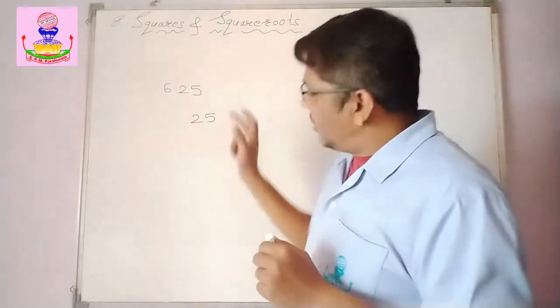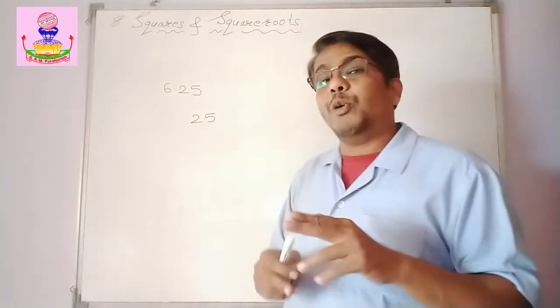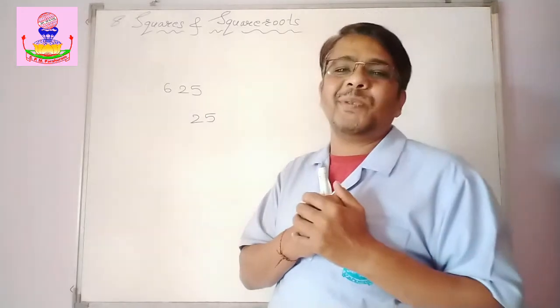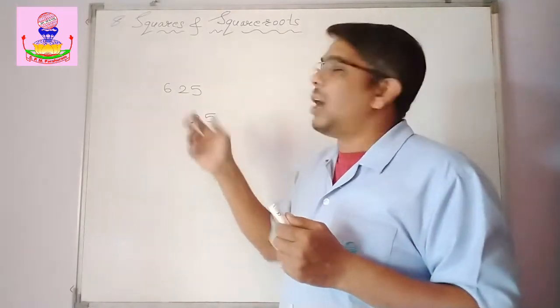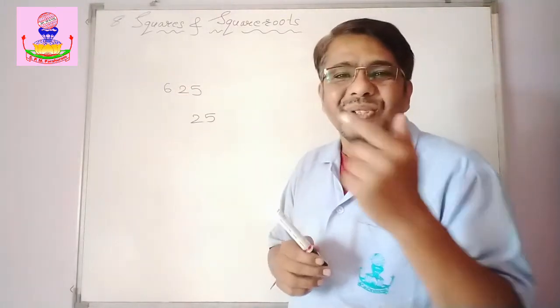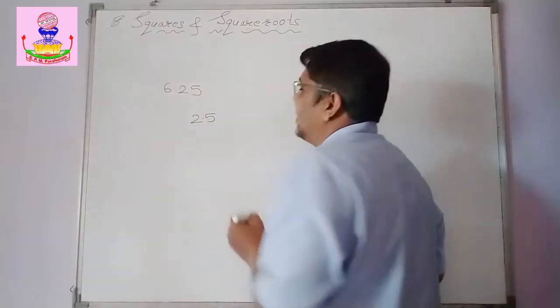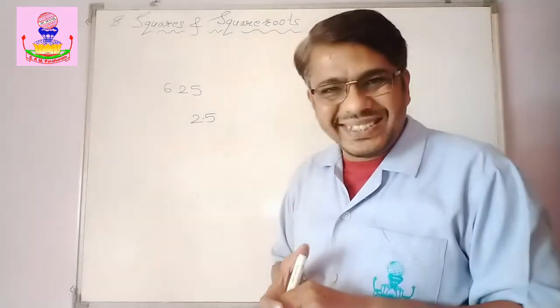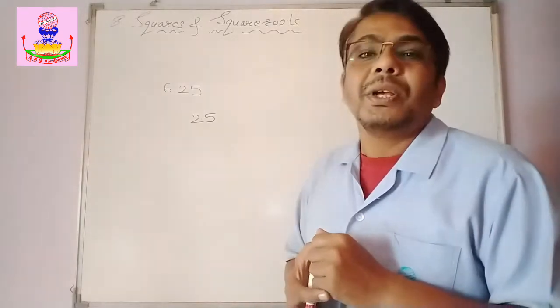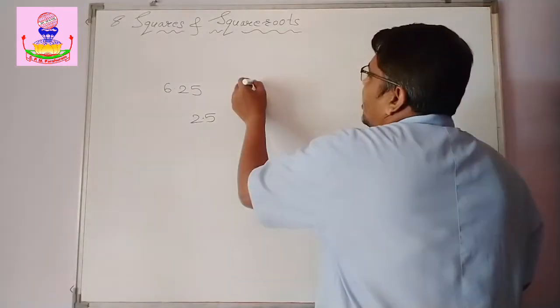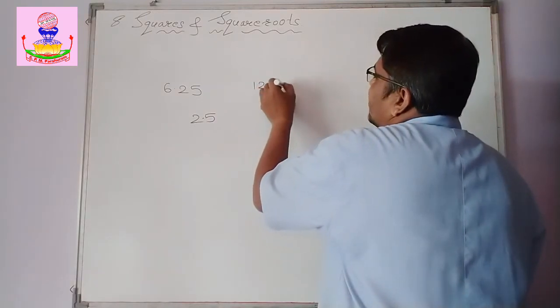Do you get it? So in the square root of that number, how many digits will be there after the decimal point? Half of the digits. How many are here? 2. So half of them, 1. So the answer will be 2.5. Do you understand? Okay. Now suppose it is like this, 12.25.